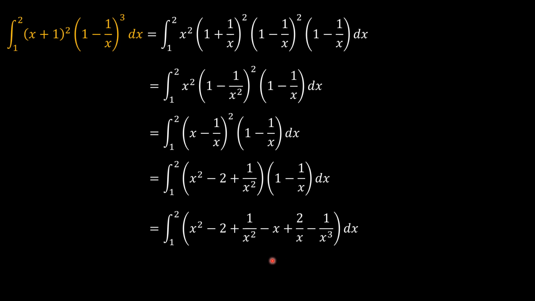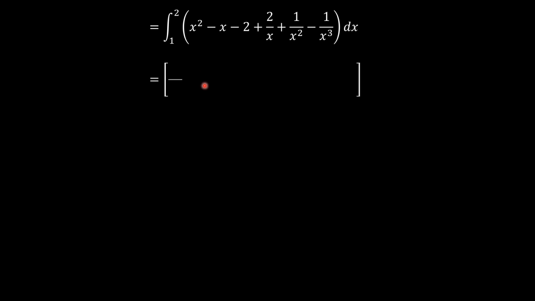So now if we rearrange it in the order of descending powers, we have the integral from x equals 1 to 2 of x squared minus x minus 2 plus 2 over x plus 1 over x squared minus 1 over x to the power 3. This expression can be integrated in such a way that x squared becomes x cubed over 3.